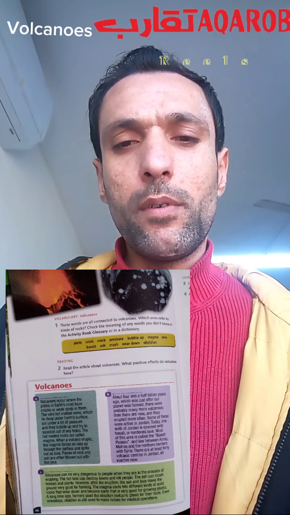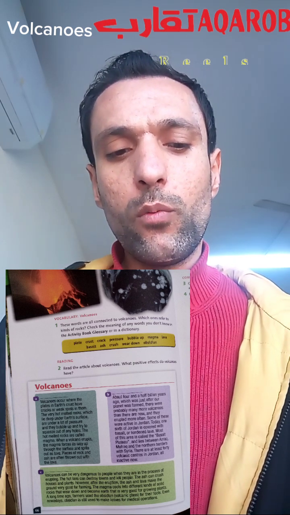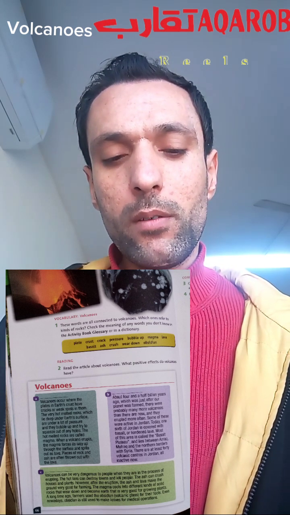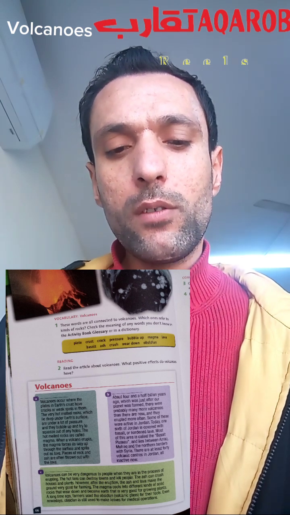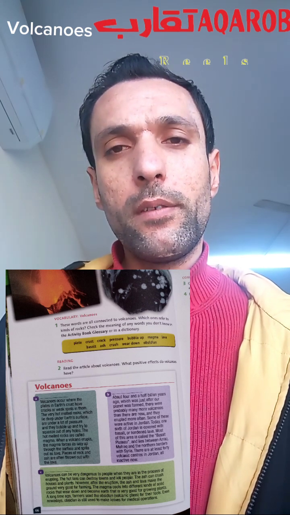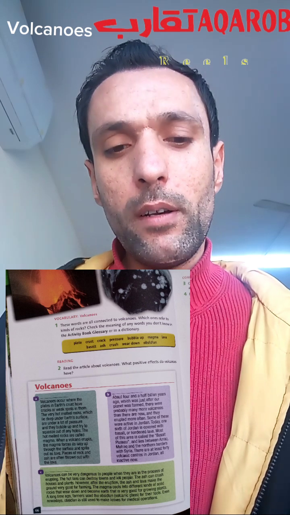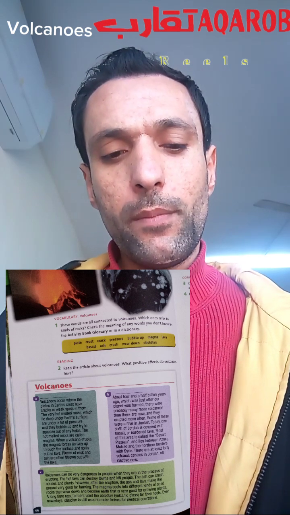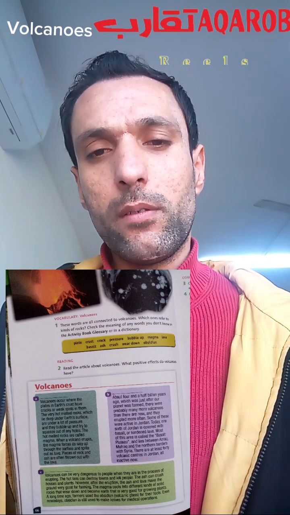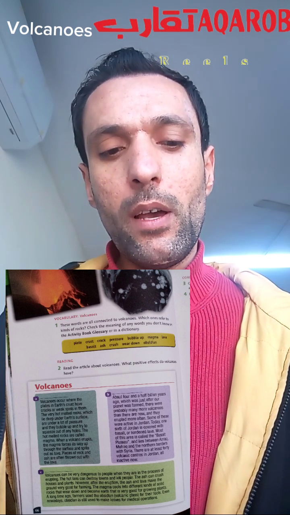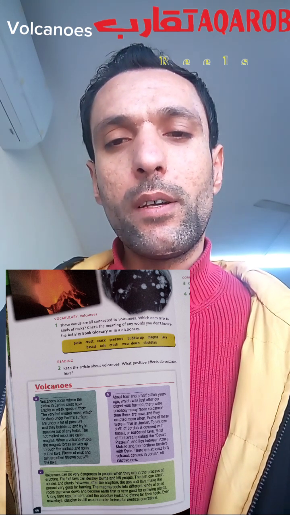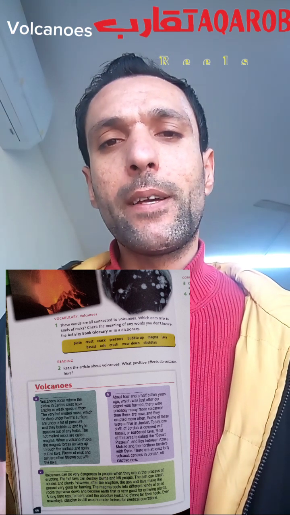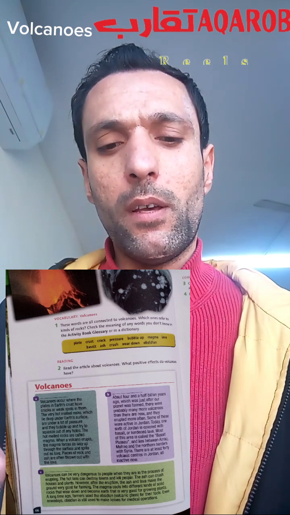He says from the first sentence, volcanoes occur where the plates in Earth's crust have cracks or weak spots in them. The plates, which means safaih in Arabic, in Earth's crust, have cracks. They have cracks, or they have weak spots in them.